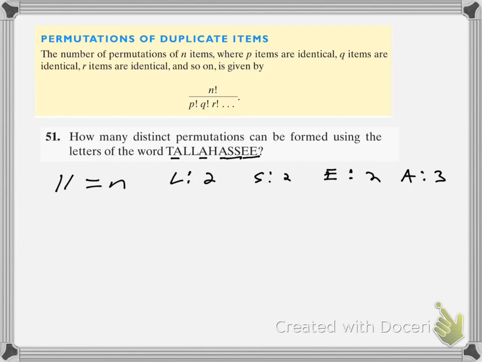So the numbers where p items are identical, q items are identical. So basically, these are all my repeated or identical items. And nothing else is repeated, right? There's only one T. Do I have the L's? I have the S's, just double checking I got them all. The E's and the A's, yep.